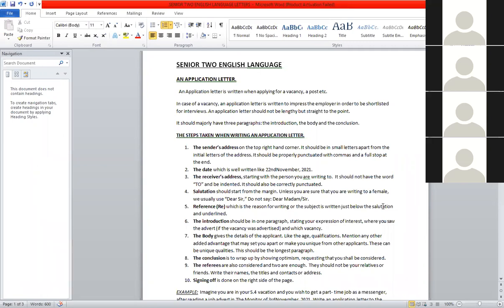To apply for a job as maybe an office messenger, to apply for a post as a head girl. That will be the subject or the reference, which is always sometimes underlined if written in small letters. If written in capital letters, you don't need to underline.